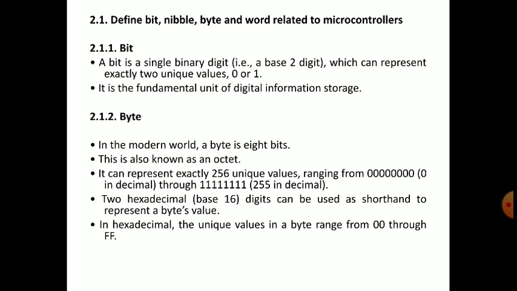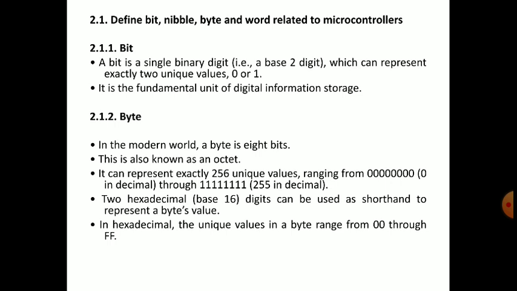So the definition of bit: a bit is a single binary digit, that is a base 2 digit, which can represent exactly two unique values, that is 0 or 1. It is the fundamental unit of digital information storage.